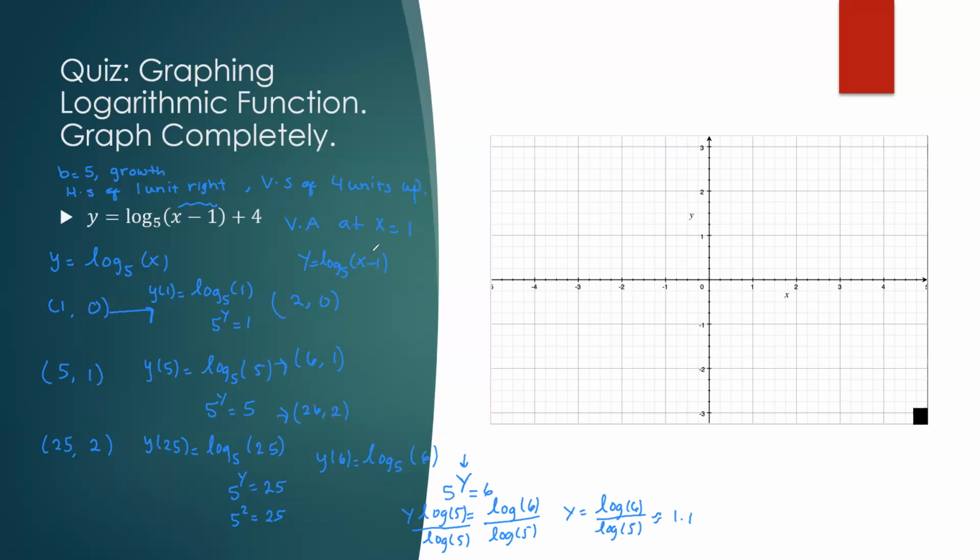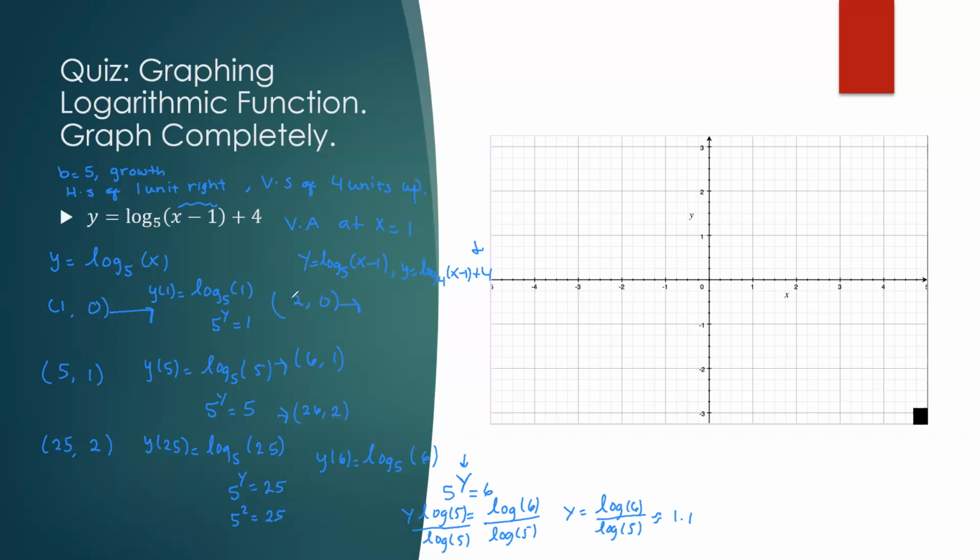And then let's do the final graph. So the final graph is y equals log base 5 of (x minus 1) plus 4. This plus 4 is a vertical shift, or what it really means is you add 4 to the y coordinate of the previous point.